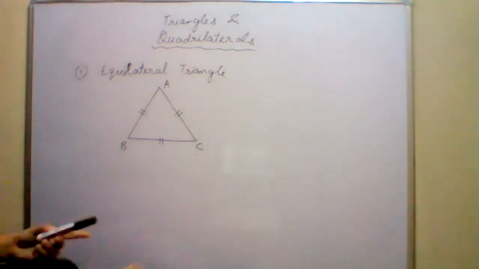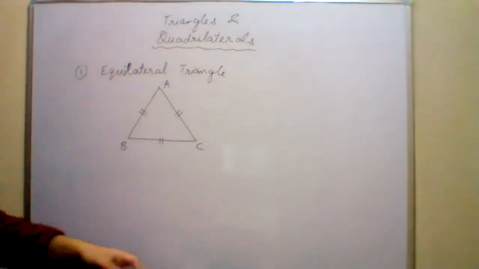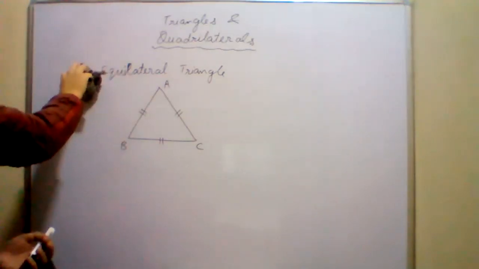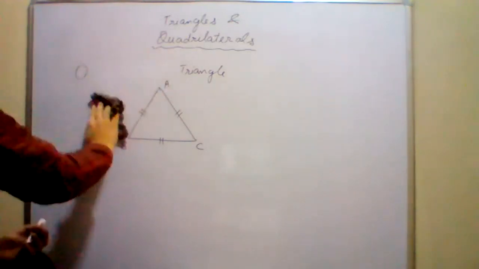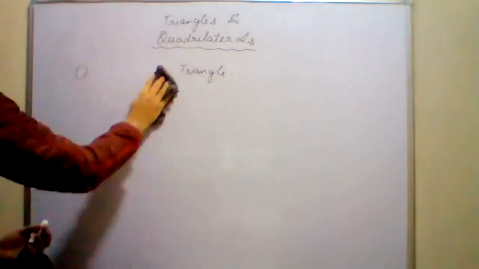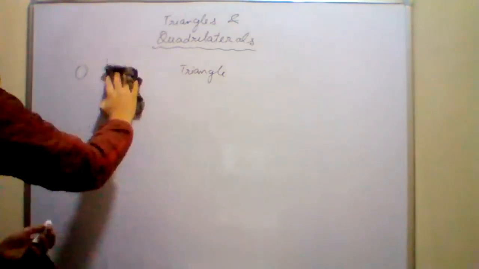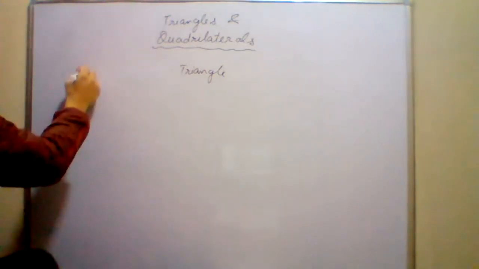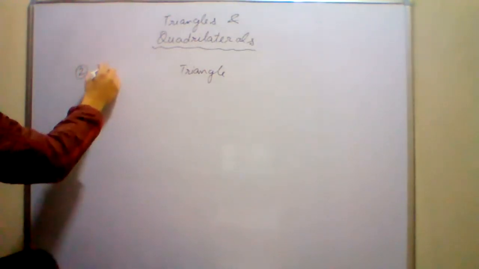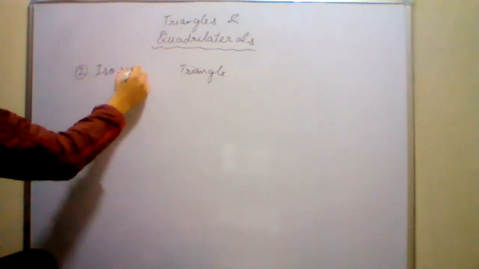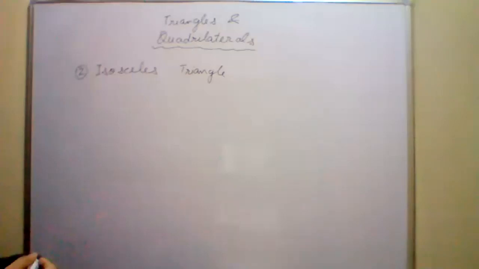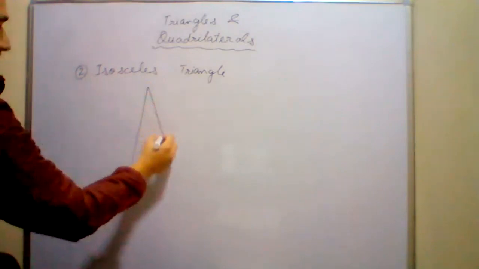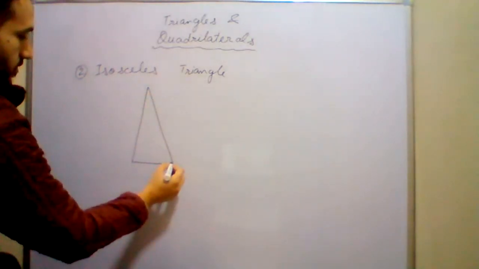What is an isosceles triangle? Second one, isosceles. Sir, the isosceles triangles are those in which two sides are the same and one is not. Yes. In an isosceles triangle, two sides of the triangle are equal and one is different.